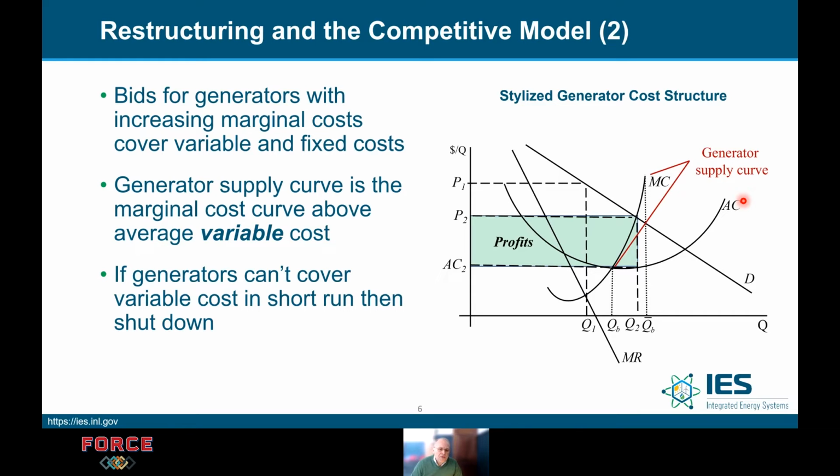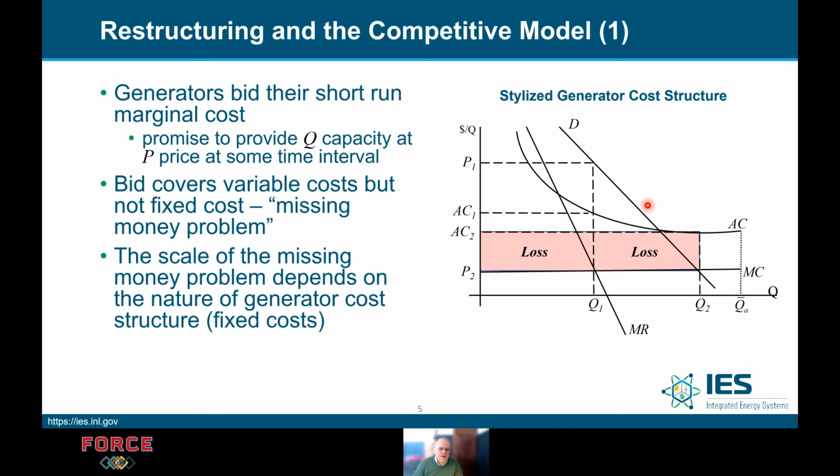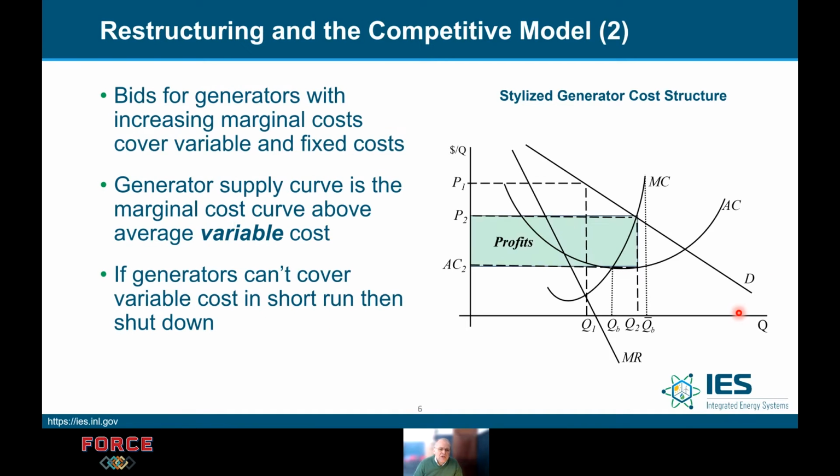Okay, so in the case of high variable costs and low fixed costs, this portion of the marginal cost curve represents their bid into the market. Whereas for a generator of this class, their bid represents their marginal cost and their total amount of capacity. So this is the underlying theory of what's driving the bids that enter into the market.